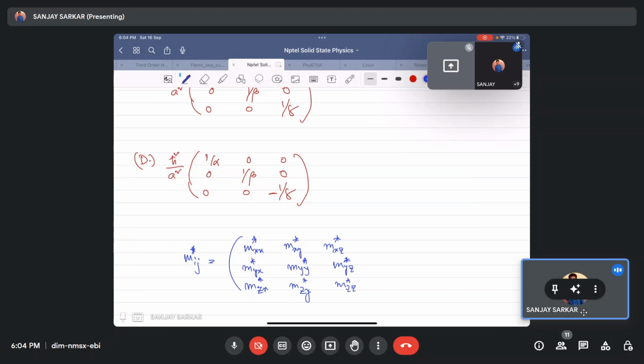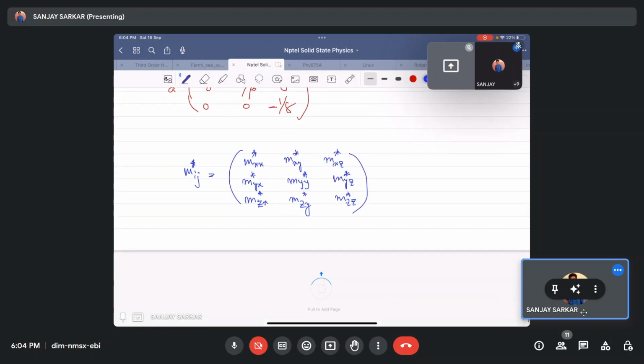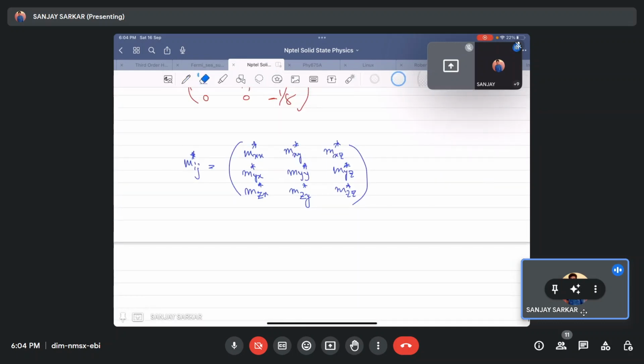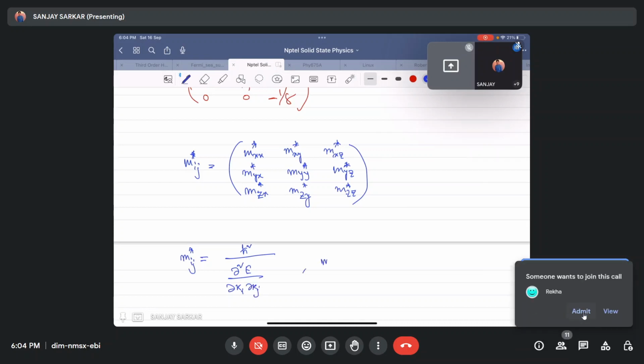So this is the matrix, and a given element can be calculated as, let's say, mij star is h bar square by d2E by dki dkj. So let's say you want to calculate mxx star.